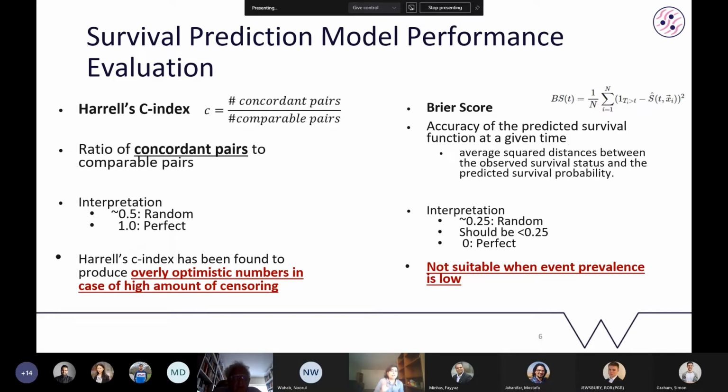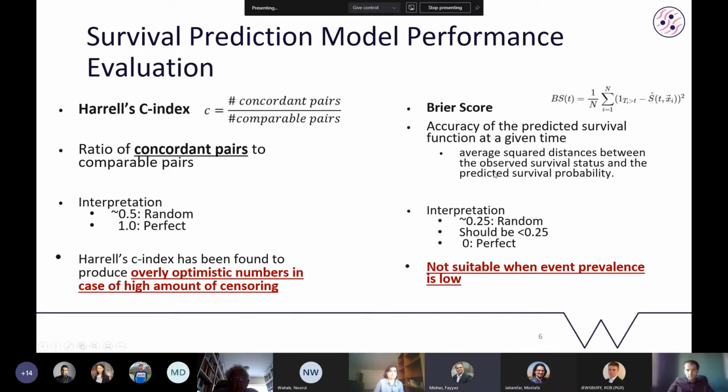However, a comparable pair, that is, we will allow only those pairs for which the individual with the lower survival time has already observed the event. If not, that pair won't be comparable. Does that answer your question? Yes, it does. Thank you. Welcome.